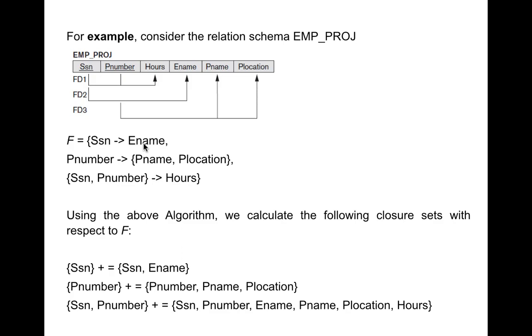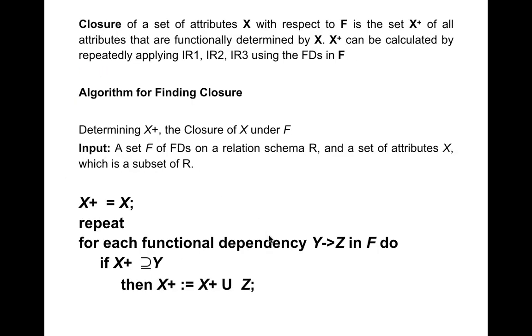SSN gives ename to be Y gives Z. And if this Y is a subset of X plus, so X plus now consists of what all? SSN and P number, and Y gives Z, where Y is SSN and Z is ename.